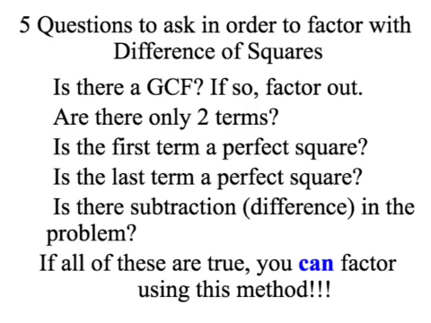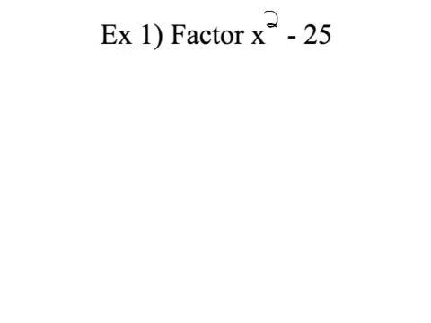Is the second term a perfect square? The last thing is, is there subtraction in the problem? It has to be subtraction, it cannot be addition. If you can answer these questions as true, then you can factor using difference of perfect squares.